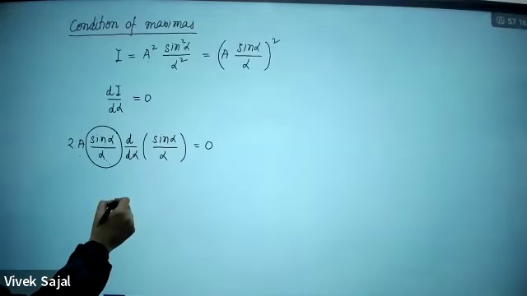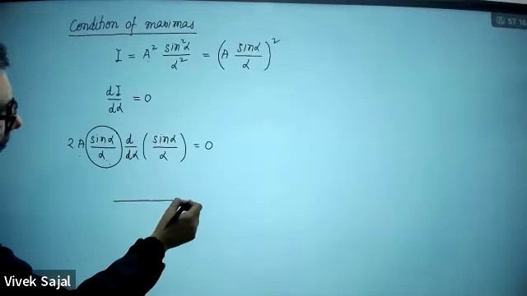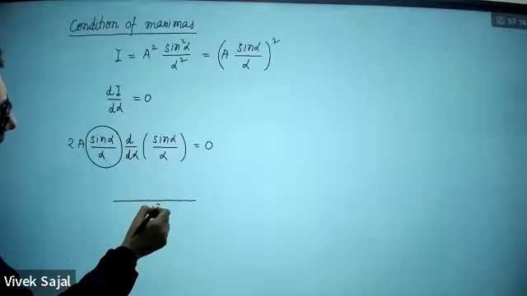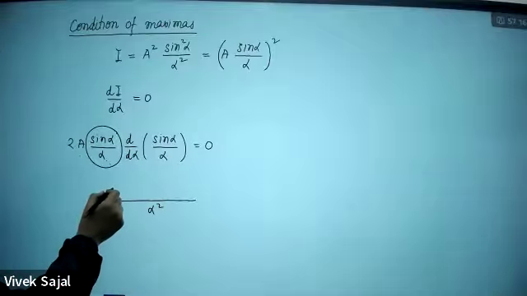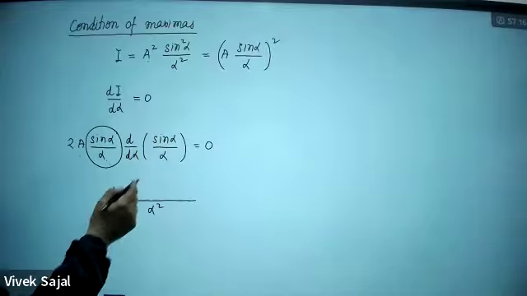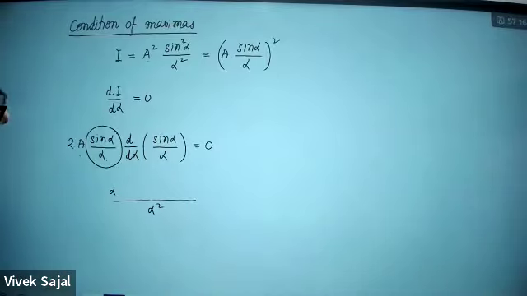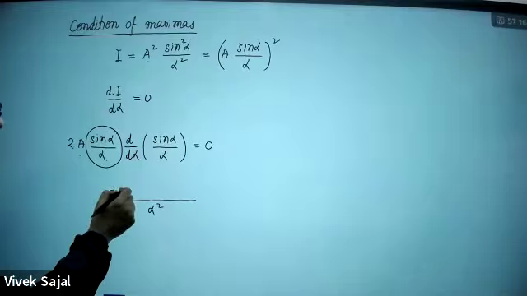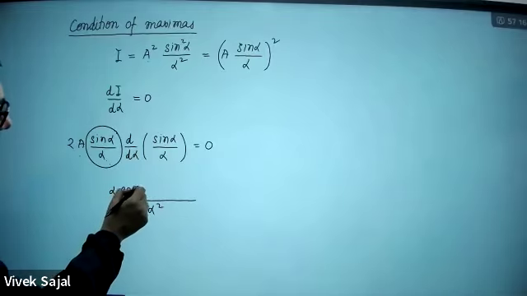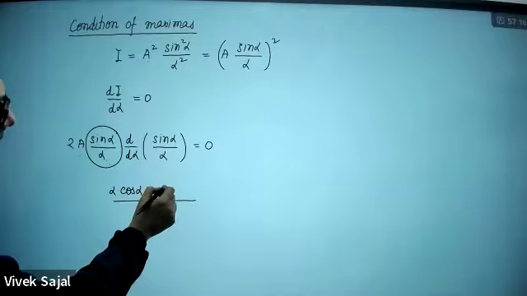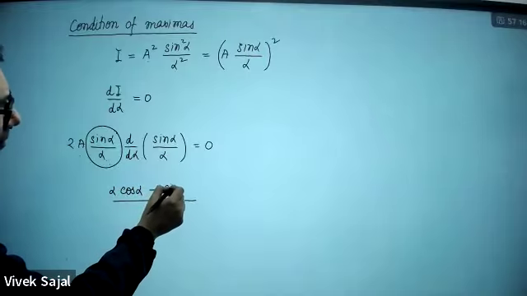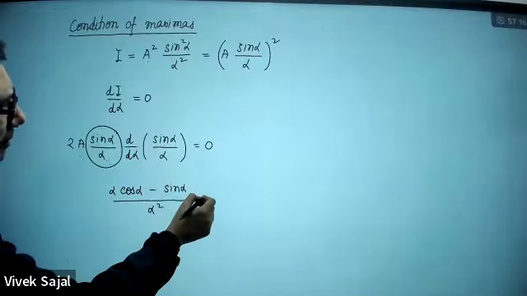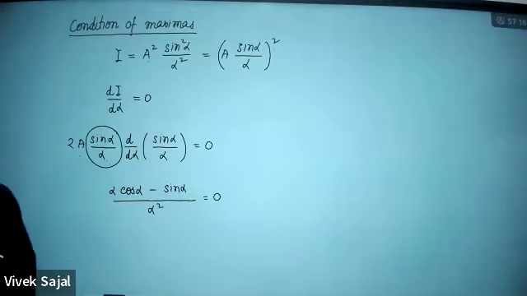So what will be the differentiation of this? This will be alpha square in the denominator, alpha, and differentiate sine alpha, this will be cos alpha, minus sine alpha, and it will be equal to 0.